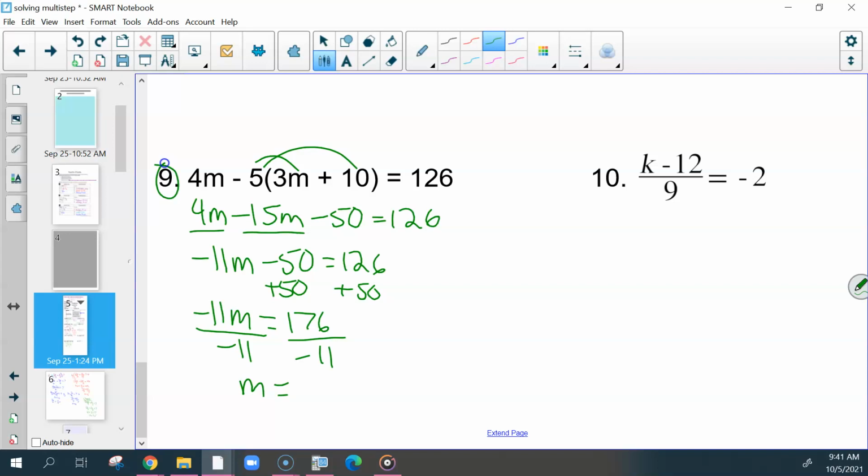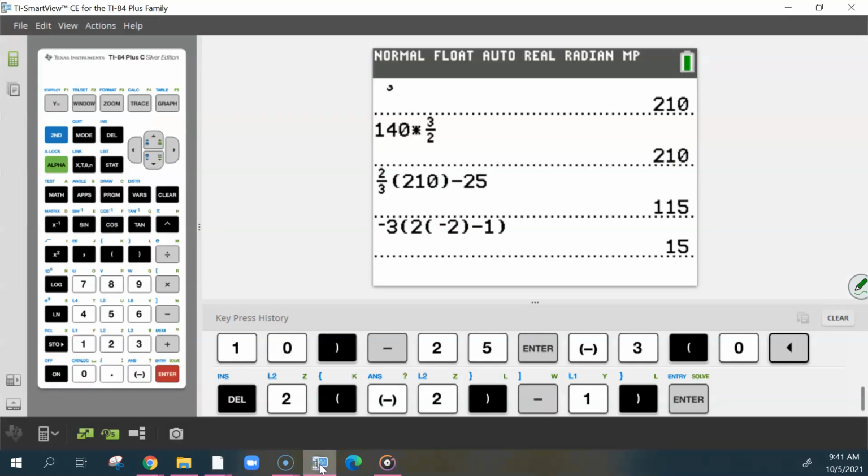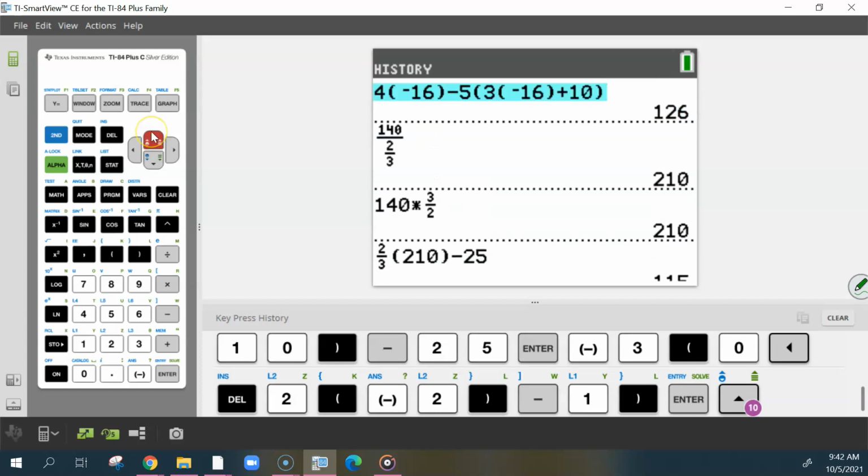What is m? Negative 16. This was actually the same one that second period picked, so I have this in my calculator already. I put in negative 16 for all my x's, and I got 126, which is what the problem equals. So that works.